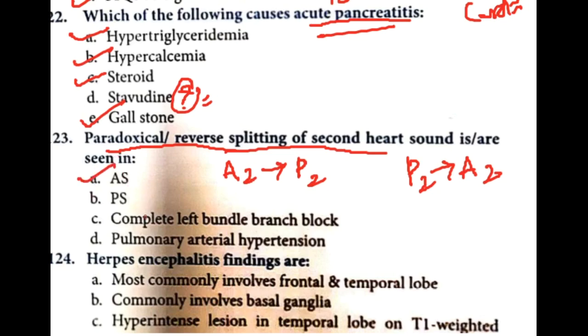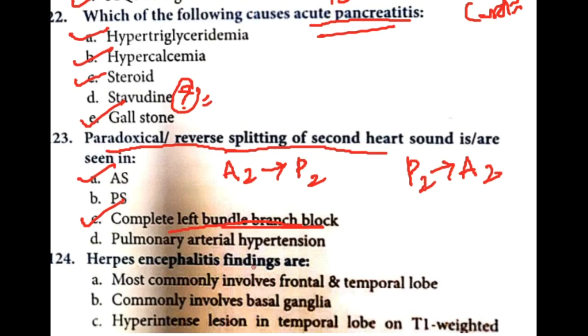In complete left bundle branch block, the impulses cannot travel to the left side of the heart, so the left ventricle does not receive the impulses. As a result, P2 occurs earlier than A2. Next question.